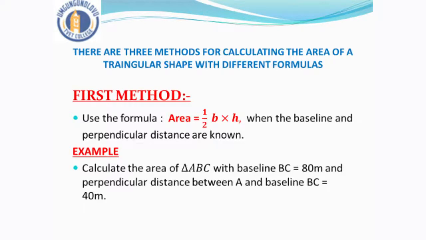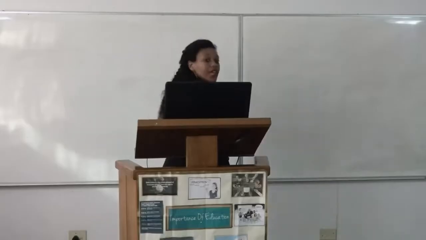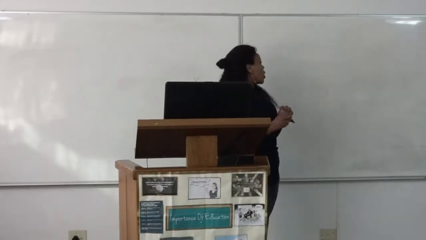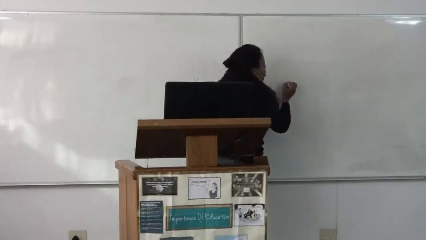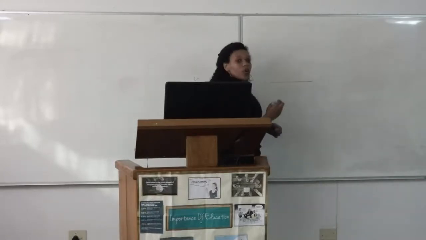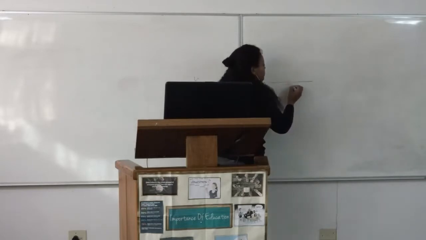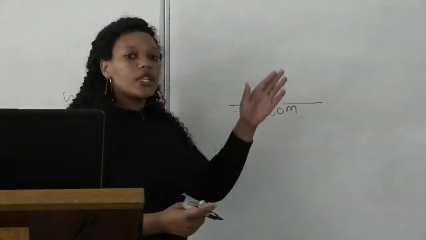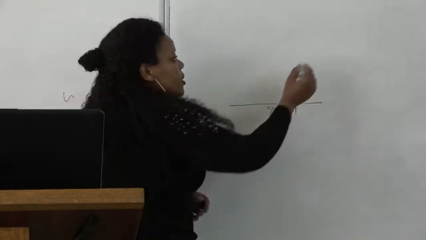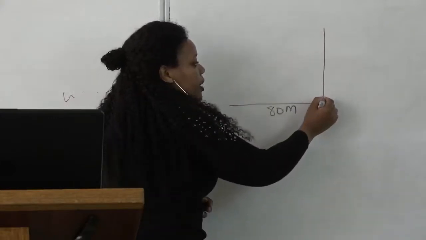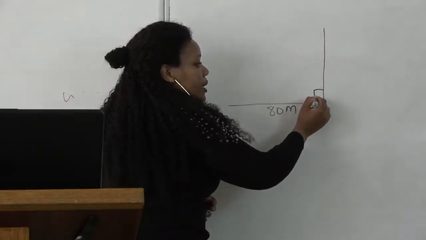The first thing you need to do is draw a rough sketch of your triangle using the information that you are given. We were told that we've got the baseline, which is equal to 80 meters, and the perpendicular distance. Since it's perpendicular, it forms 90 degrees here.